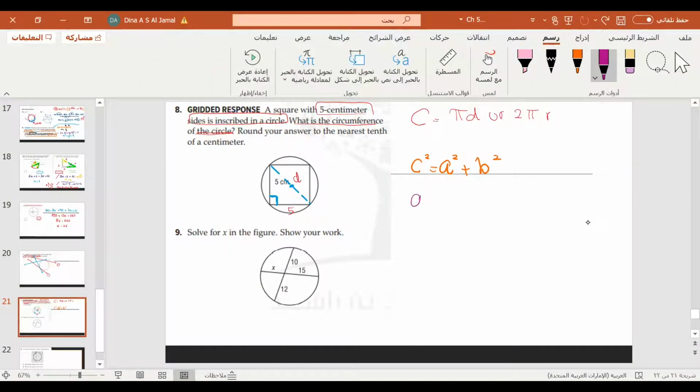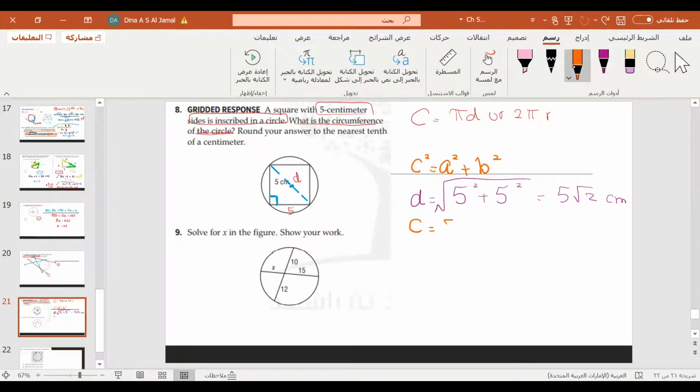I want to find d only, so I'll take the square root of a squared plus b squared. That means 5 squared plus 5 squared, which gives you 5 square root of 2. Or just keep it as it is for now, so you can round later for the circumference.